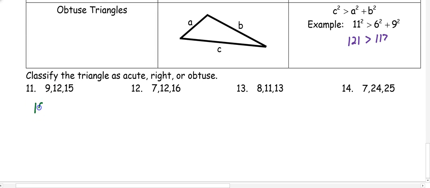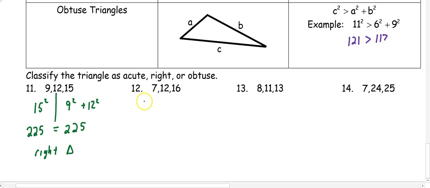So in the first one, we have 15 squared, which is the largest, and we have 9 squared plus 12 squared. So we get 225 is equal to 225. We're just using a calculator to type this in. So this would be a right triangle. Make sure that you're doing the two sides separately. Then we have 16 squared, and we have 7 squared plus 12 squared.